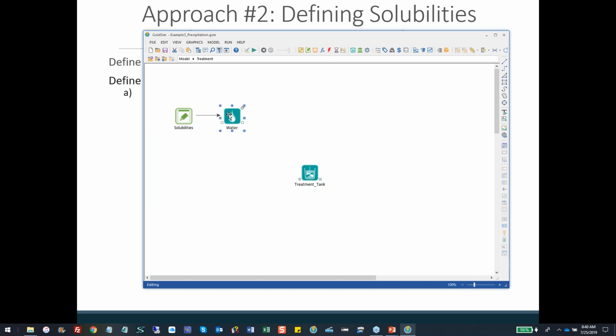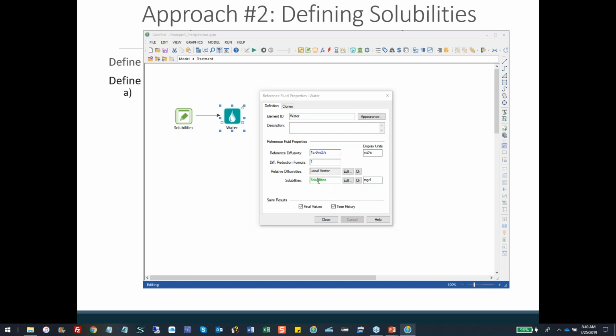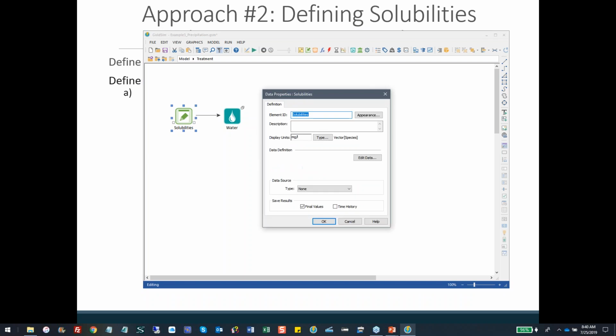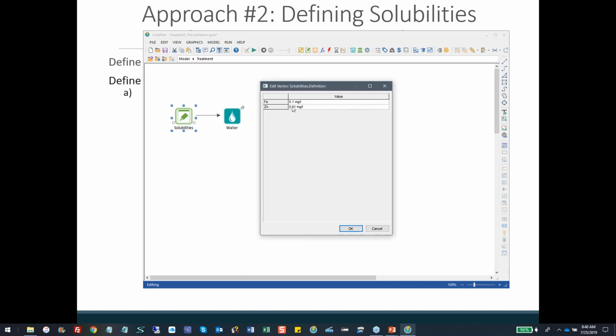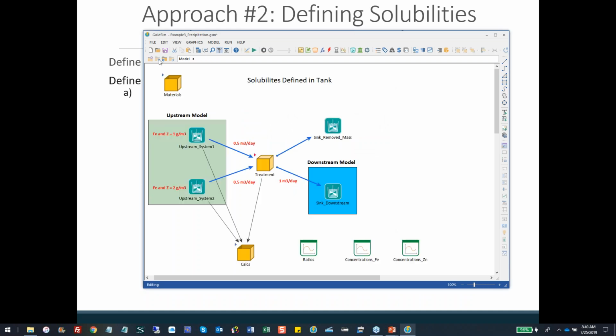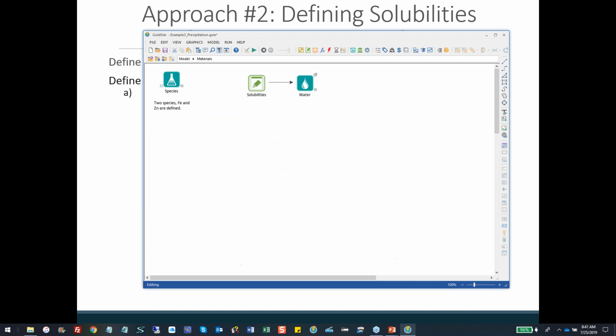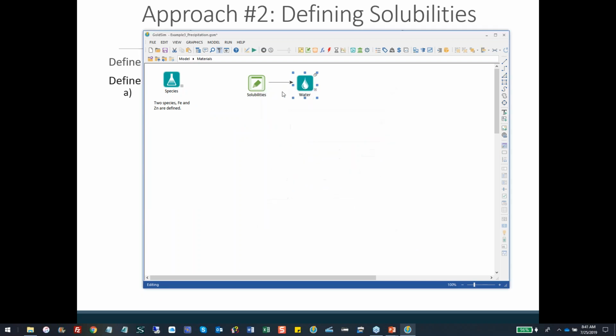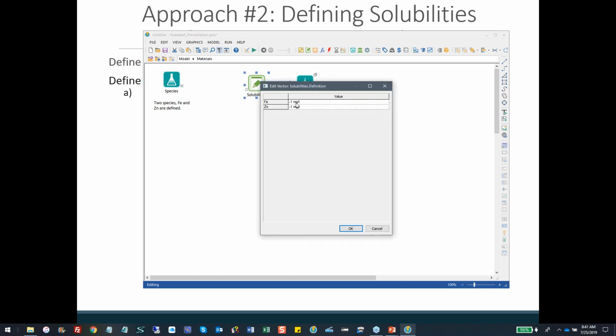So if we look at water in this location, it says I have some solubilities. I'm going to link to something called solubilities. Inside the treatment tank, I've defined a solubility of 0.1 milligram per liter for iron and 0.01 milligram per liter for zinc. If I go up here, I've also got a solubility. This water is the same. It's also looking for solubilities. It links to this guy. This guy specifies -1.